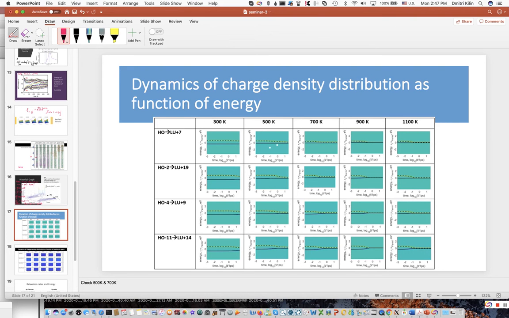However, at higher temperatures, there's a sizable difference. We see that relaxation is occurring quicker and at earlier times, and the magnitude increases at higher temperatures. All right. Next slide.